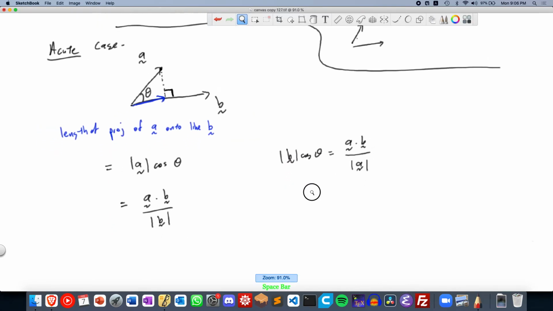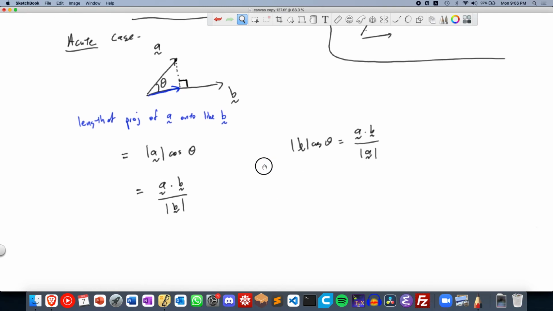But for the obtuse case, we need to be a little bit more careful, because if theta is obtuse, then cosine of theta is going to be negative. So we just need to take the absolute value of the quantity here.